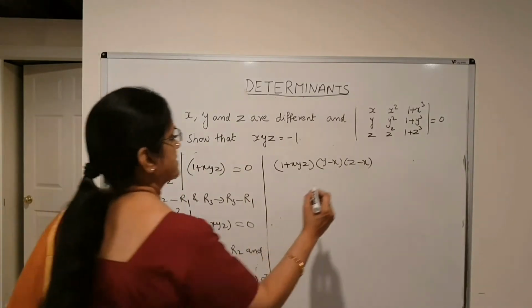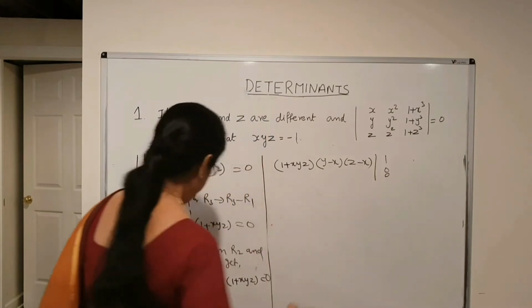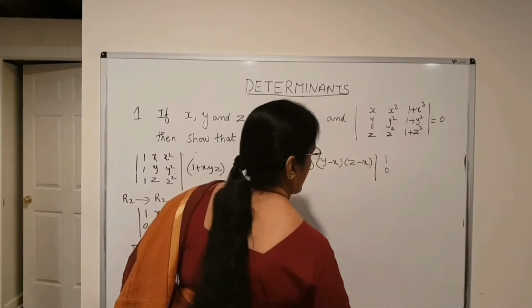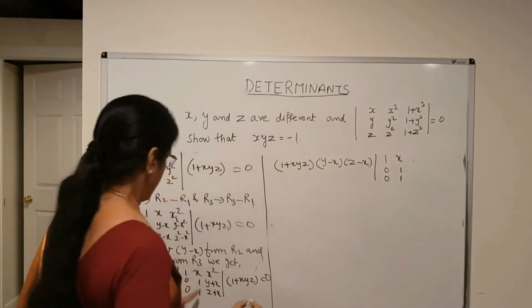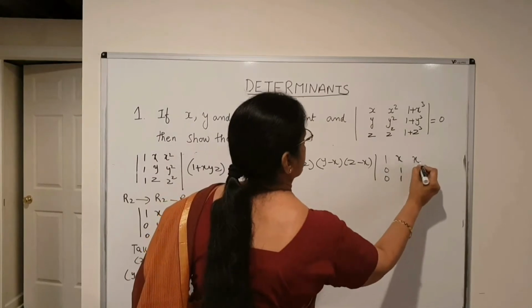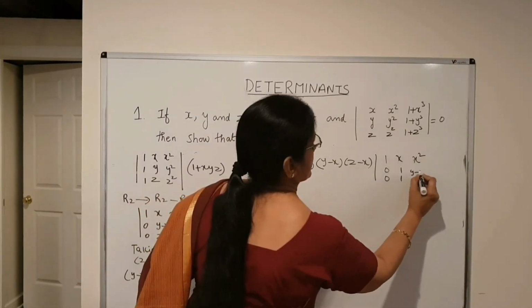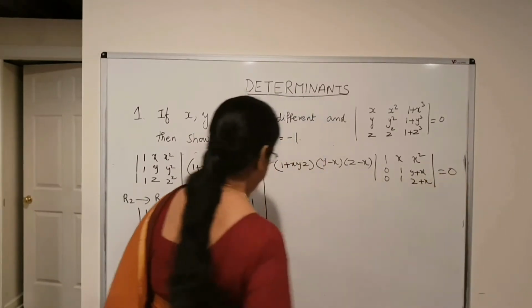Now the determinant 1, 0, 0, x, 1, 1, x, 1, 1, x square, y plus x, z plus x equal to 0.